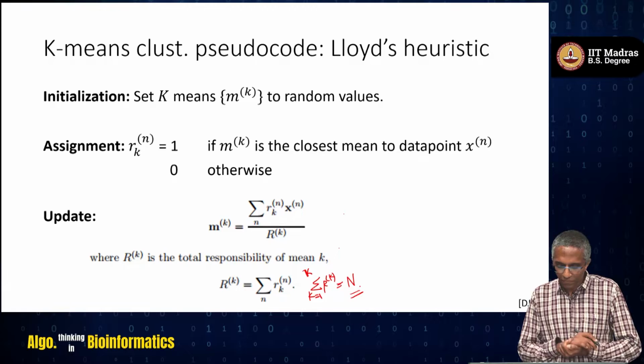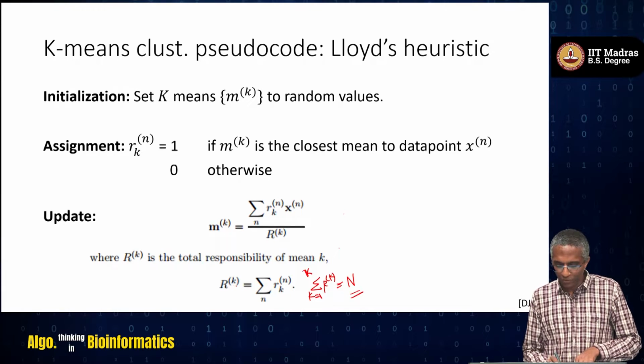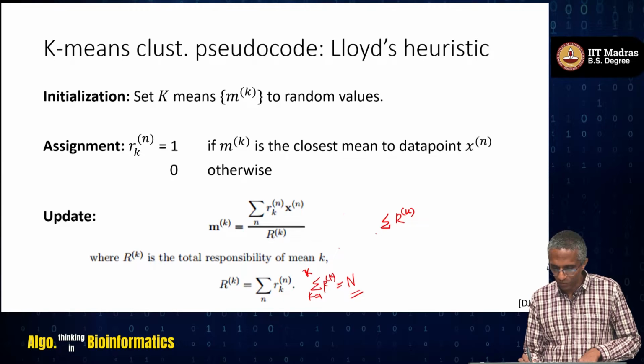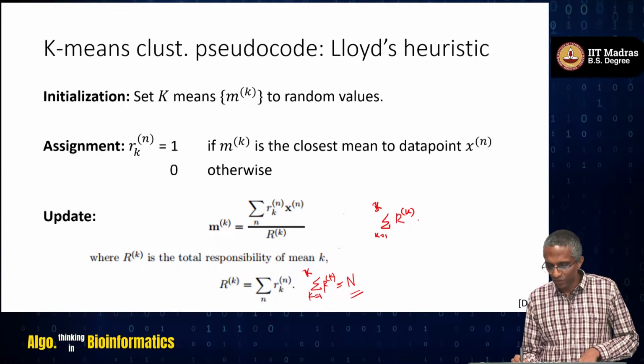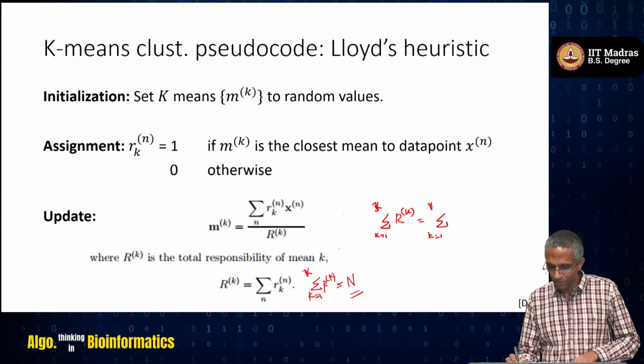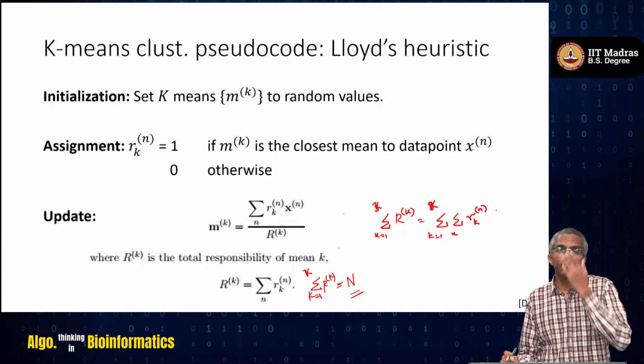Okay. So, if you take the total responsibility r of k and sum it up over k equal to 1 to capital K, it is going to be the sum over k equal to 1 to capital K. R of k is just going over all the data points and looking at whether this center k is responsible for that data point.